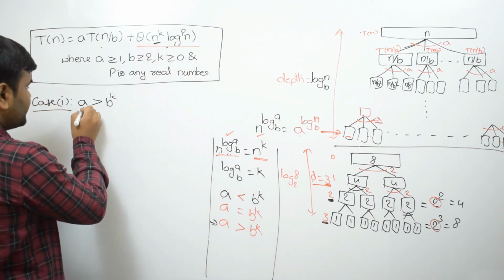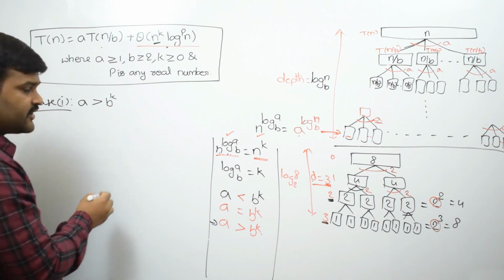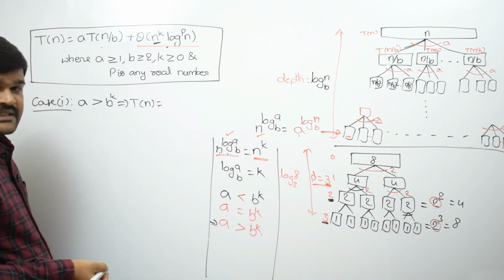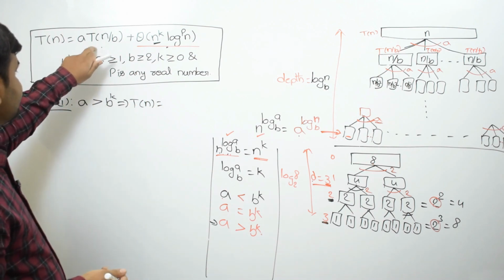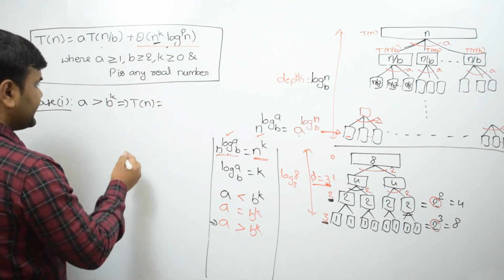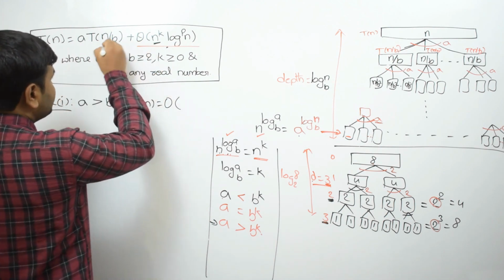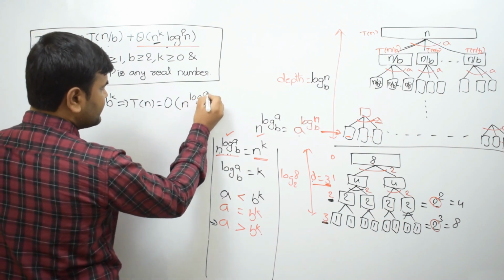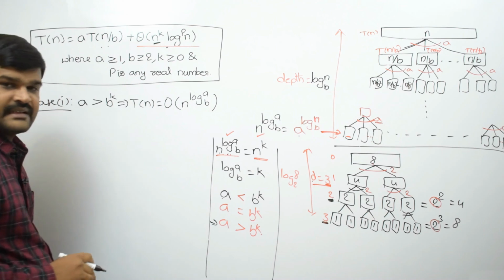So in that case, what is the time complexity? Directly you can write T of n equal to, since it is clearly saying that this is the larger time complexity than this one, big O of this one, that is n power log A base B.